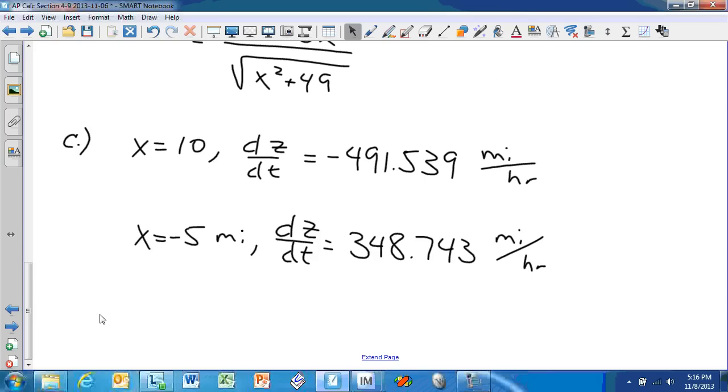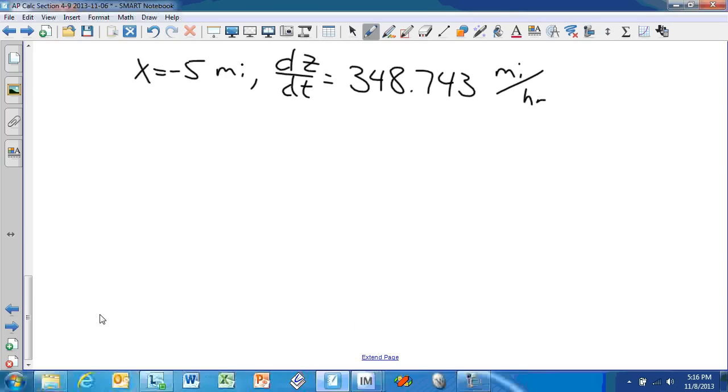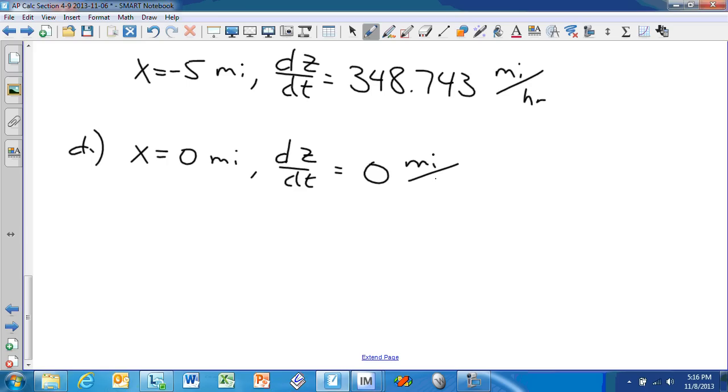And so when the plane is directly overhead, let's just write that down, that when x is equal to 0 miles, dz/dt is equal to 0 miles per hour. In other words, the distance between the observer and the plane is not changing at all. Its rate is 0.